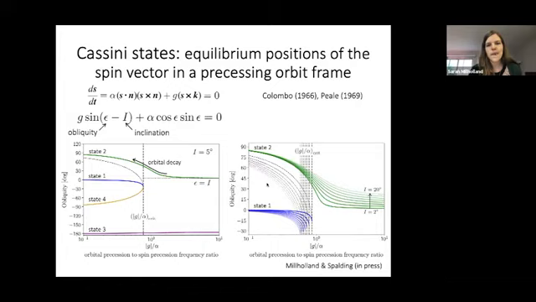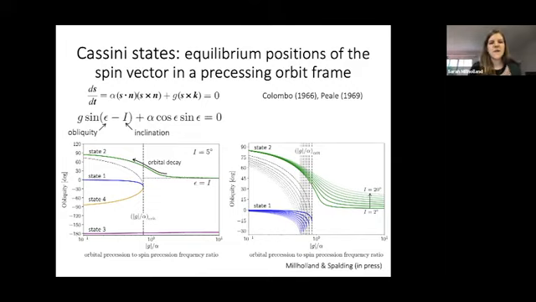On the right panel here, I'm depicting these different states for different values of the inclination, just to show how they depend on the inclination of the orbit. So the key idea surrounding this whole thing is that for close-in planets, tidal dissipation will force the obliquity to equilibrate in either state 1 or state 2.